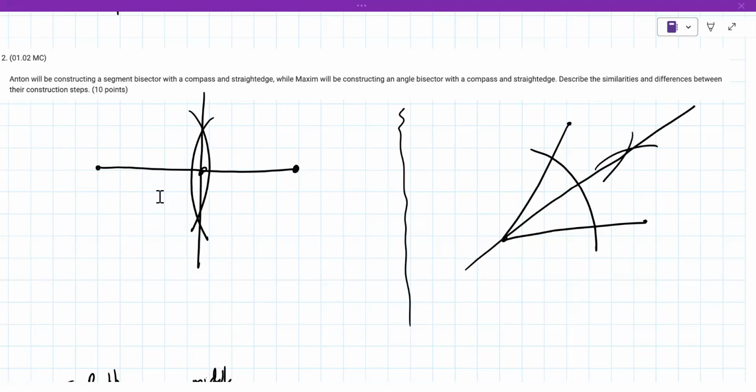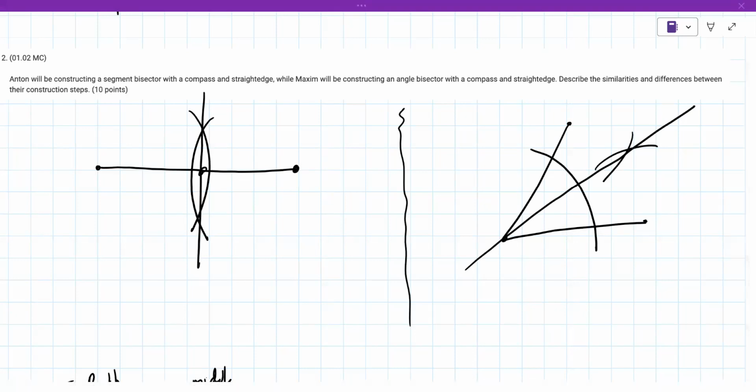When you're bisecting a segment, you would get two perfect 90-degree angles.